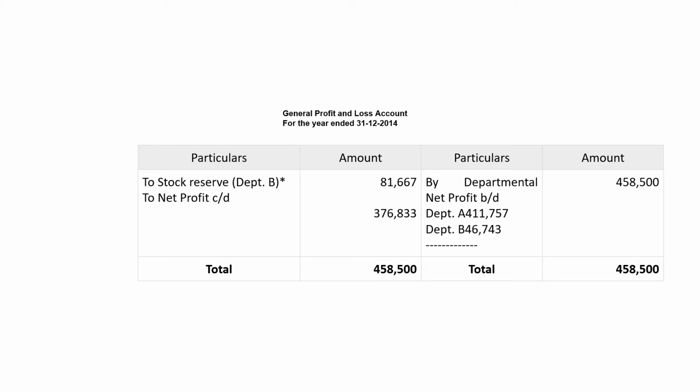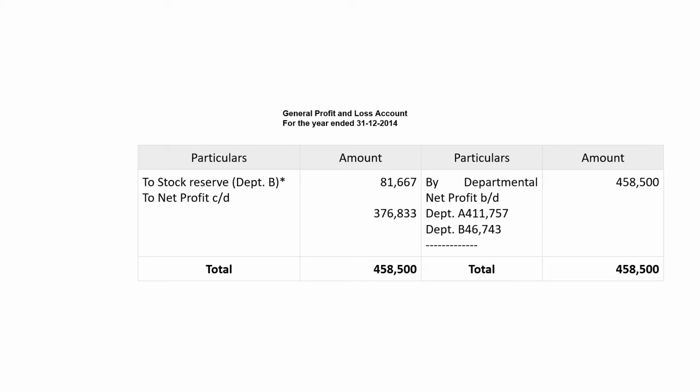So now you have calculated this proportion. Now in this 2,45,000, the profit earned by department A from department B, you need to calculate the profit rate. Now department A has a gross profit of rupees 17,50,000 upon sales of 52,50,000.